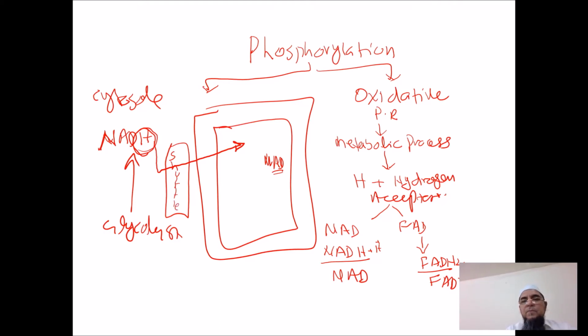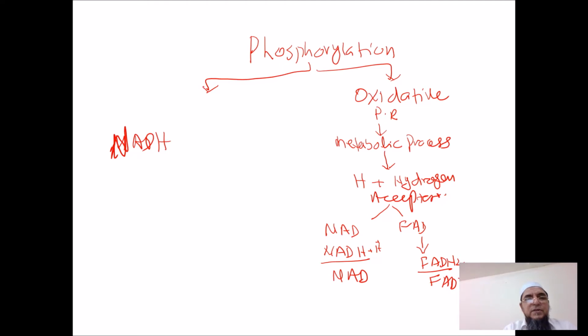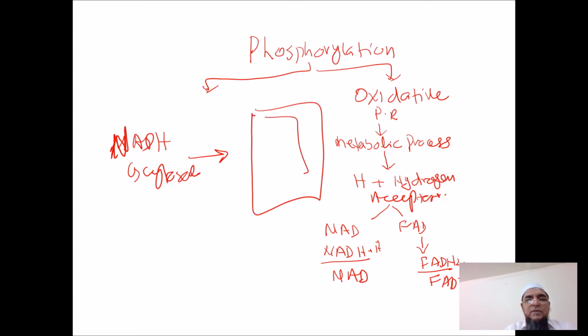So let me make it easier. If NADH is present in the cytosol and we need to transfer this into the mitochondria, then we will take the help of shuttle pathways.